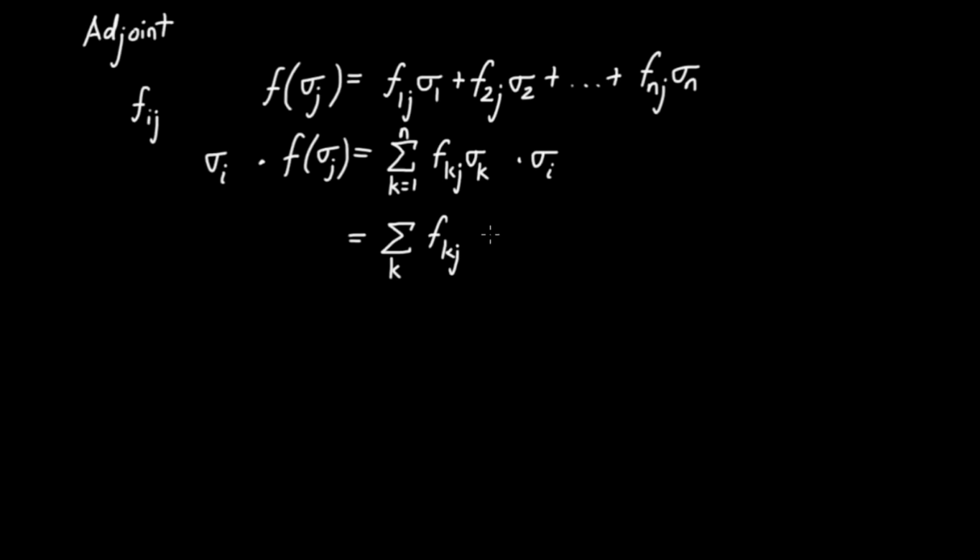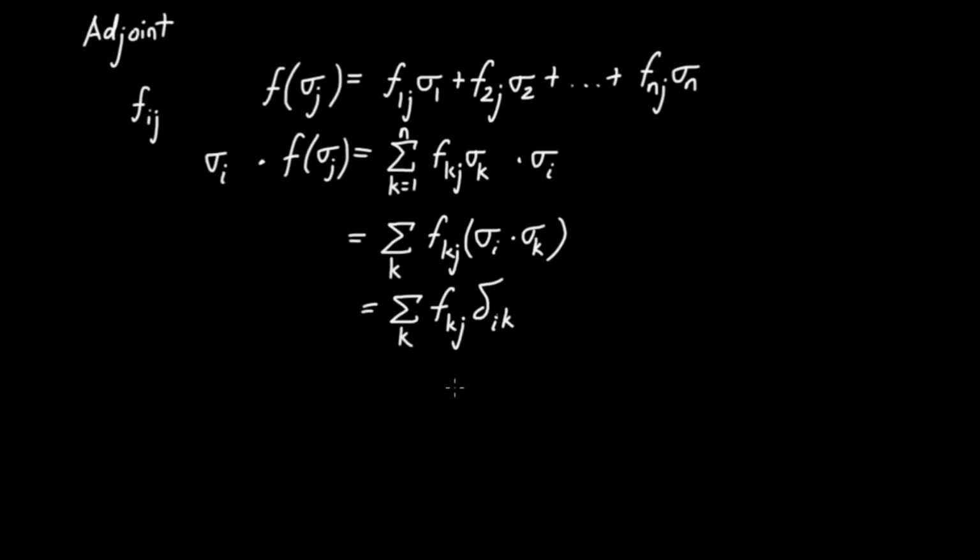Actually, I'll dot that on the left just for clarity. So we're going to have fkj sigma i dot sigma k when that dot product is distributed to all of the terms in that sum. So this is equal to the sum over k of fkj. Now, what is this? This is going to be the Kronecker delta ik.